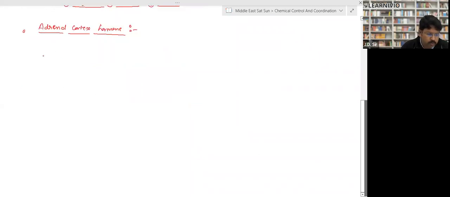So out of this adrenal cortex hormone, the first layer we discussed is the zona glomerulosa. Please note down the hormones secreted by this zona glomerulosa.